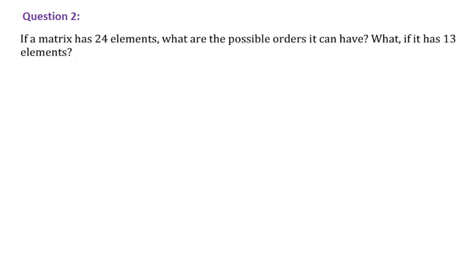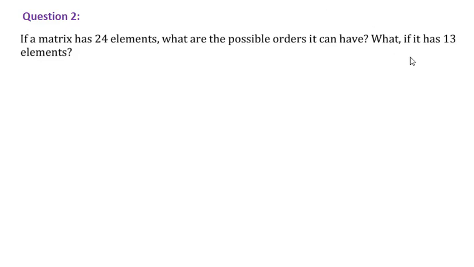So what I have to do? I have to write 24 in multiple form. So I can write 1 into 24, 2 into 12, 3 into 8, 4 into 6, 6 into 4, 8 into 3, 12 into 2, 24 into 1. So these are different possible orders that I can have.